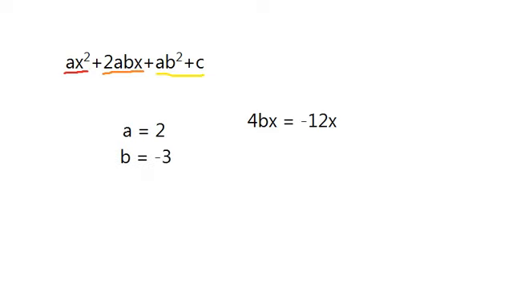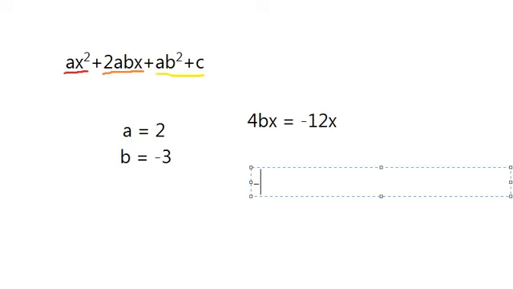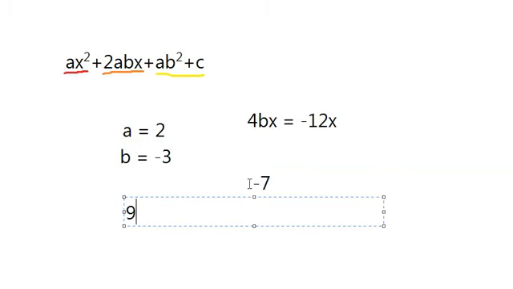Now we need to find the constant at the back, so that is negative 7. So now ab squared, b squared we know is 9 because negative times negative is positive, times 2.